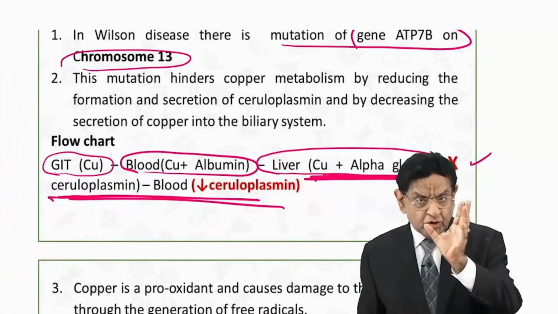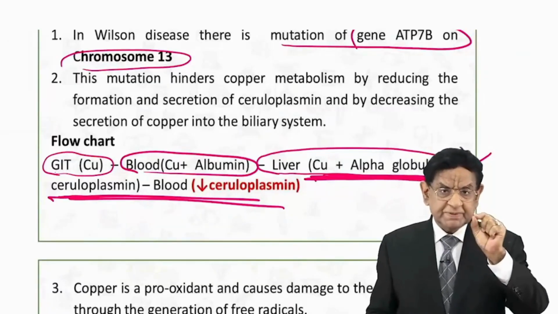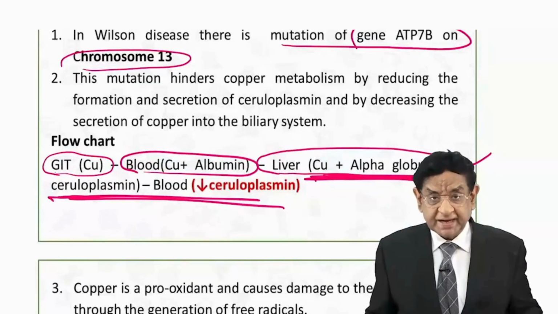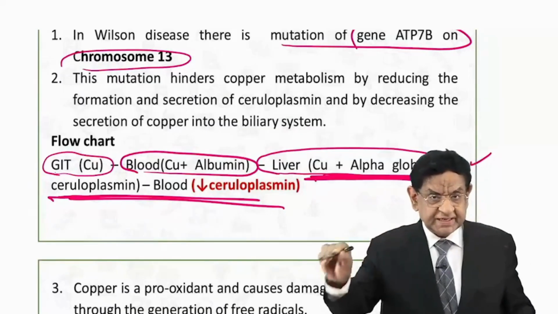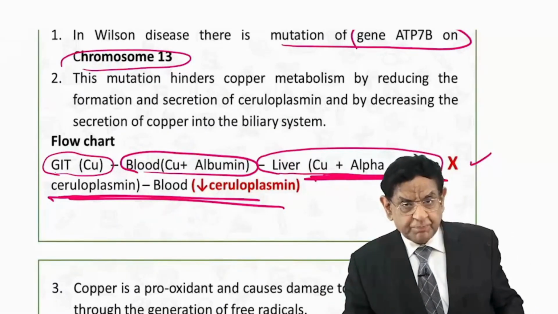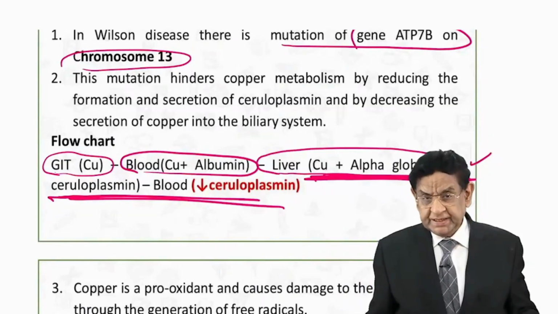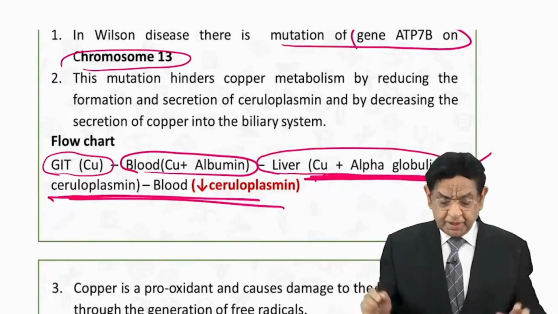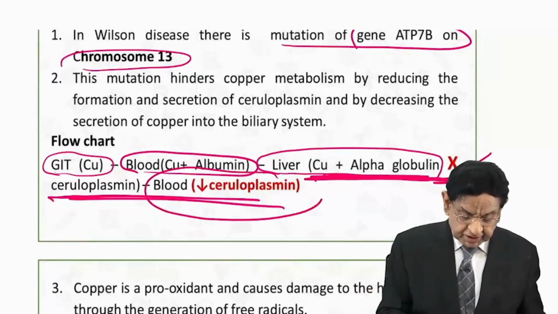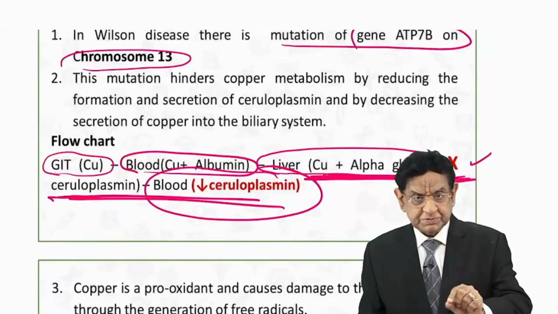Remember, normally the ceruloplasmin made in the liver is secreted into the blood, so copper goes in the form of ceruloplasmin in the blood. Here this combination doesn't occur. If it does not occur, ceruloplasmin will not be made. If there is no ceruloplasmin, the blood will not have any ceruloplasmin. So blood ceruloplasmin level will be reduced.